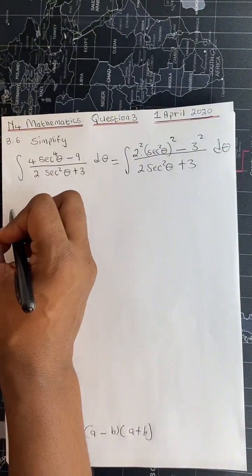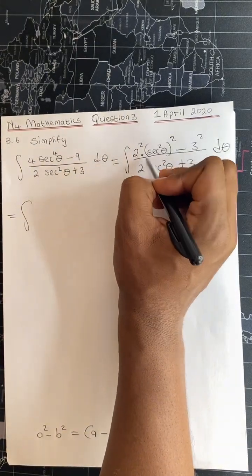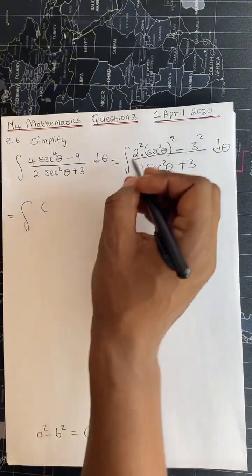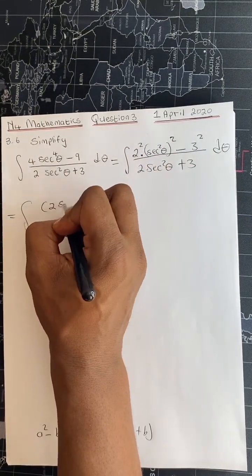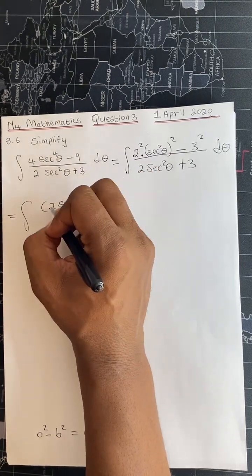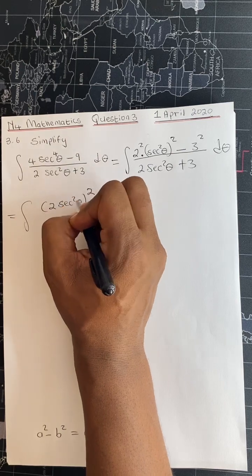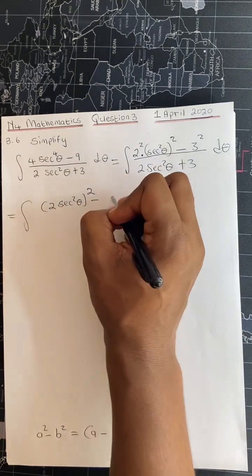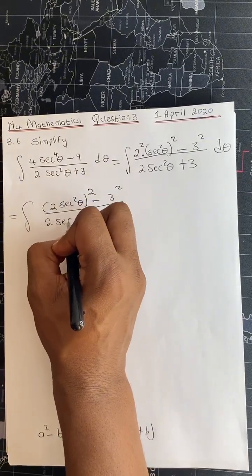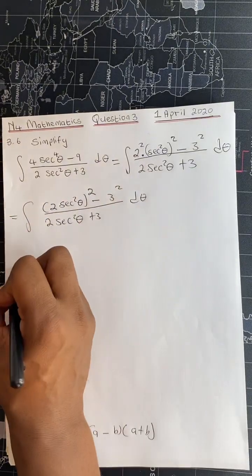And from here, because you are multiplying and the exponents are the same, we can write this as 2 sec squared theta all raised to the power 2. So this square is going to affect this 2 and this sec squared theta, minus 3 squared, over 2 sec squared theta plus 3 d theta.